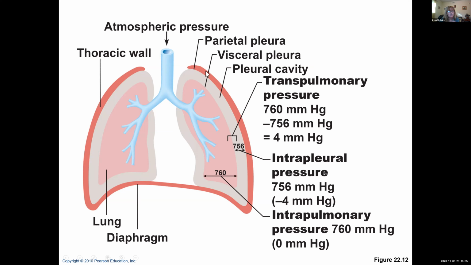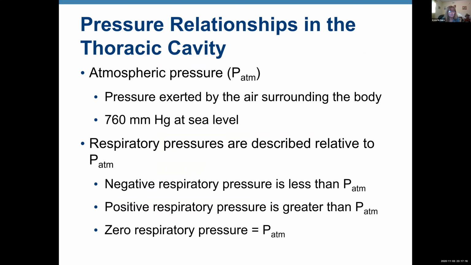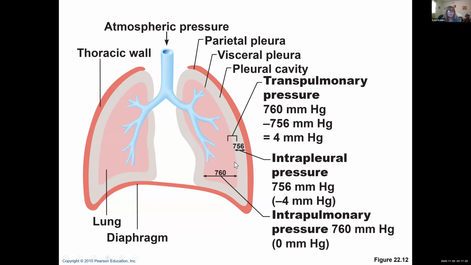And between this parietal pleura and visceral pleura, we have the pleural space, a pleural cavity, and the pressure measured inside this cavity is called intrapleural pressure, right? And it's 756. Our normal is 760, and this one is less, 756, so it's 4 millimeters mercury less, so we call it negative pressure.